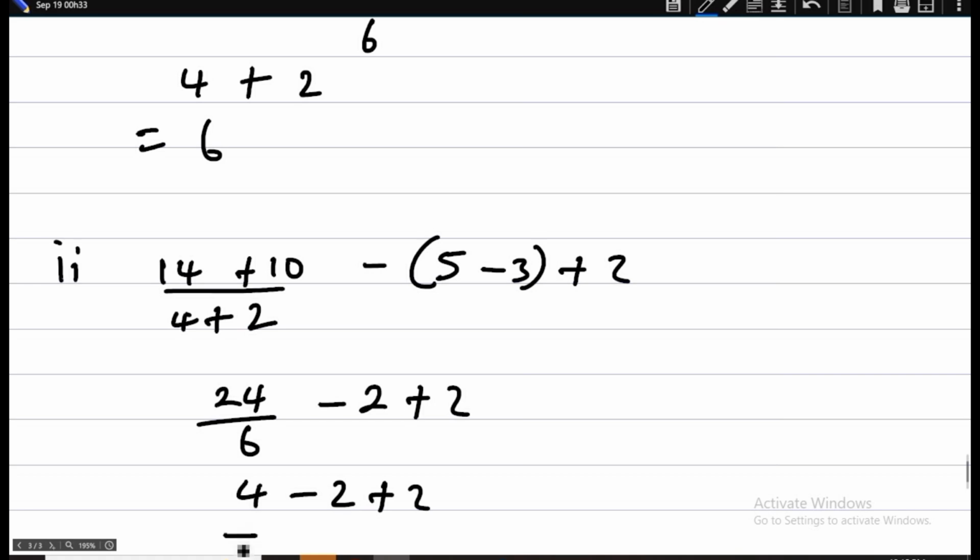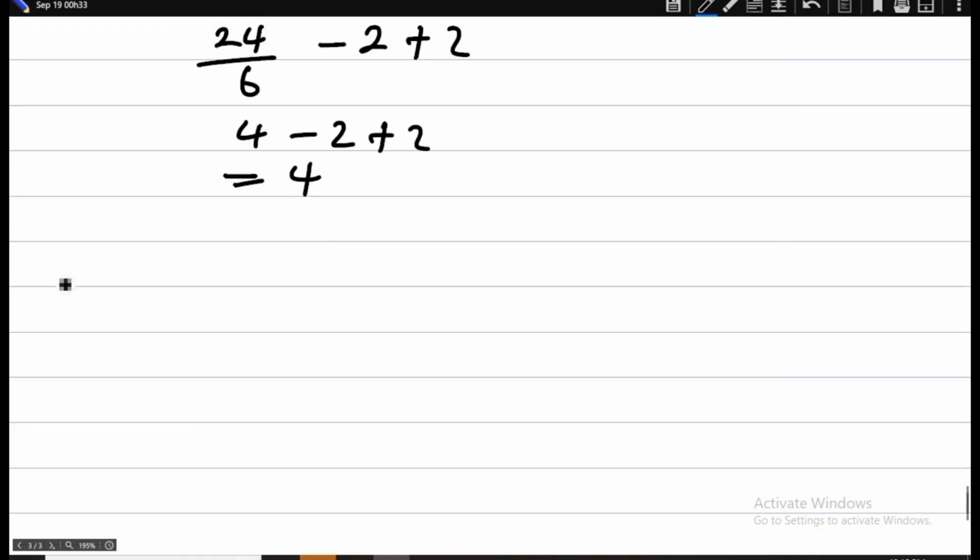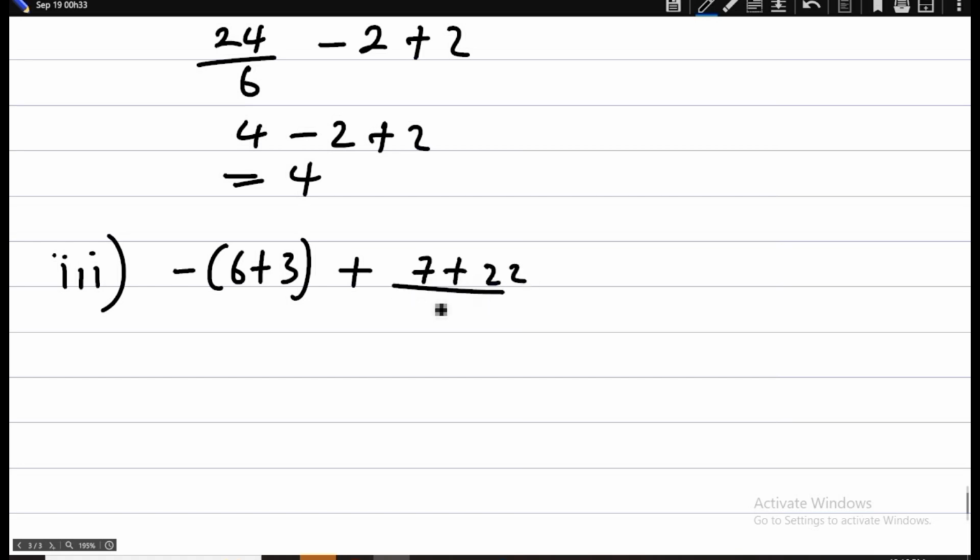So we go to III. For 14III, they gave us minus in bracket of 6 plus 3, then plus 7 plus 22 divided by 30 over 2, then minus in bracket of 2 minus 5.